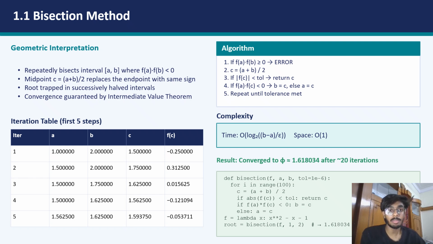For the bisection method, we have an algorithm. If f of a into f of b is greater than 0, then we have an error. Then we calculate c, which is the midpoint, a plus b divided by 2.